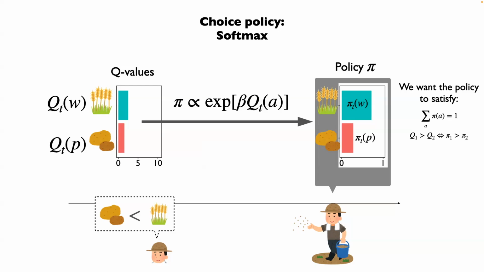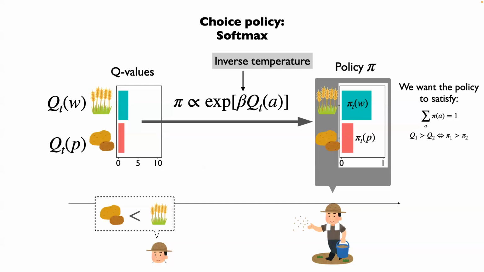The common way is the so-called softmax function transformation: the Q value multiplied by the parameter beta, then the exponential of that, normalized across all options to bound them to one.